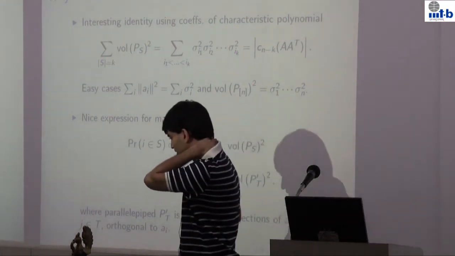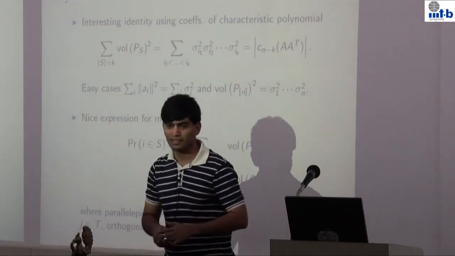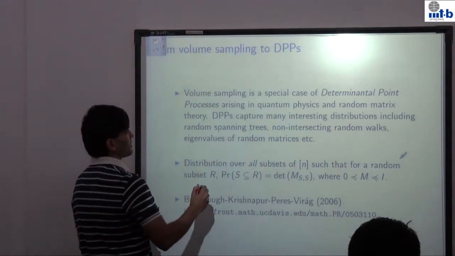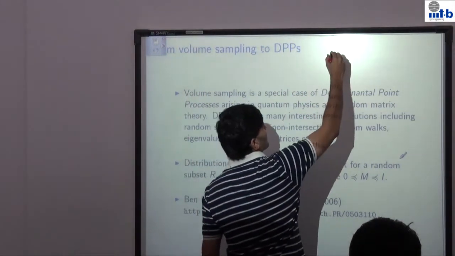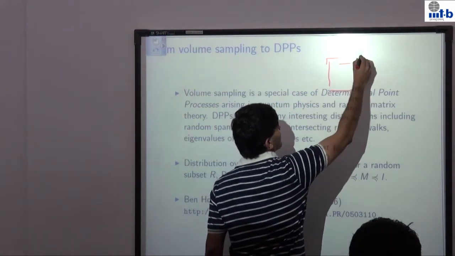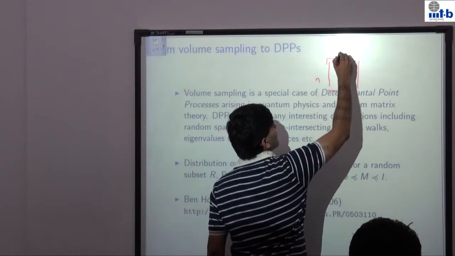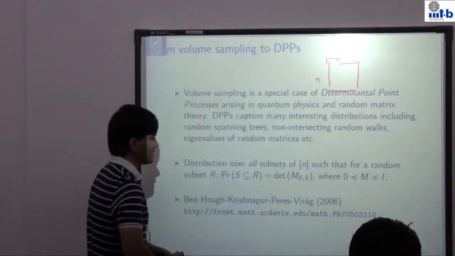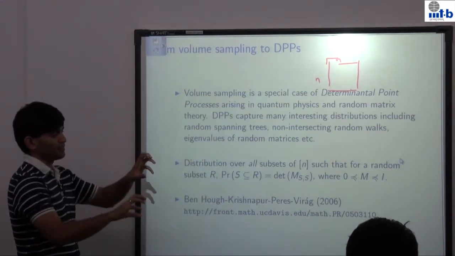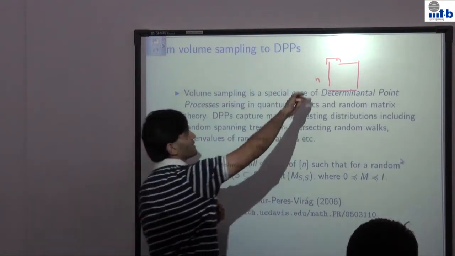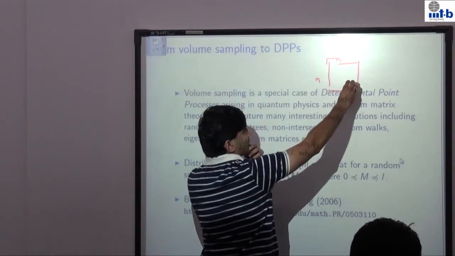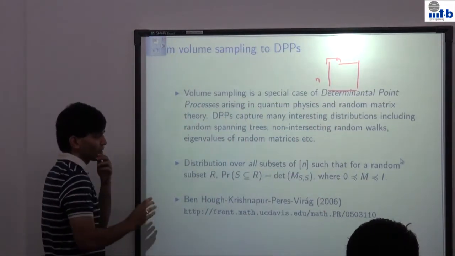You have a matrix, say, which is n by n, and it is positive semi-definite, which means that if you pick any subset of rows and the corresponding subset of columns, and you take the determinants of those submatrices, their determinants are all positive.